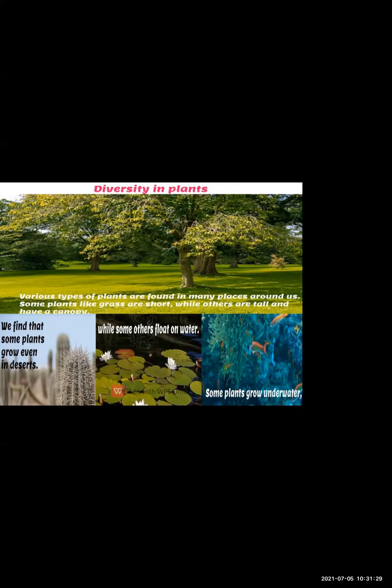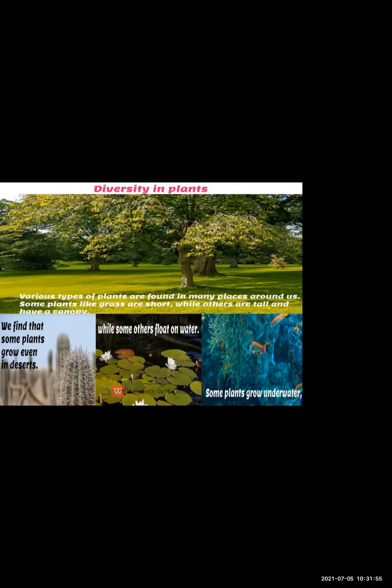We find that plants in desert regions have thorns, and the climate is different. Then in aquatic conditions, you can see the lotus floating on water. Even though the leaves of the lotus are in water, they do not rot because they have a waxy layer.